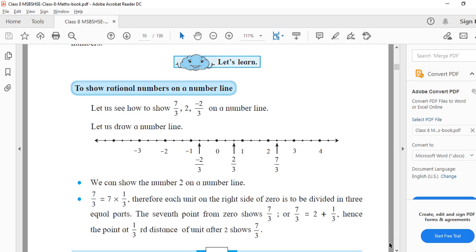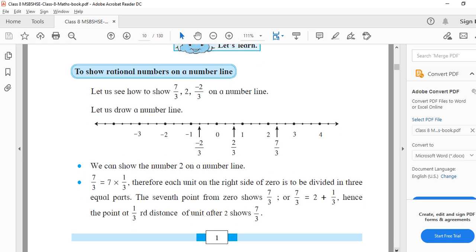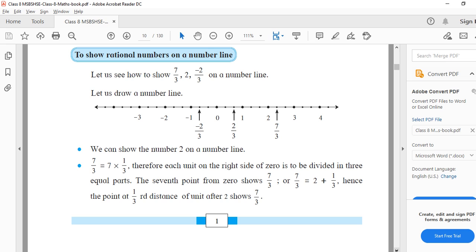Now let's go ahead and see what is there in your syllabus. If you see a number line over here, between 0 and 1, how many points are there? This is the first point, this is the second point, this is the third point. So your denominator will automatically become 3.